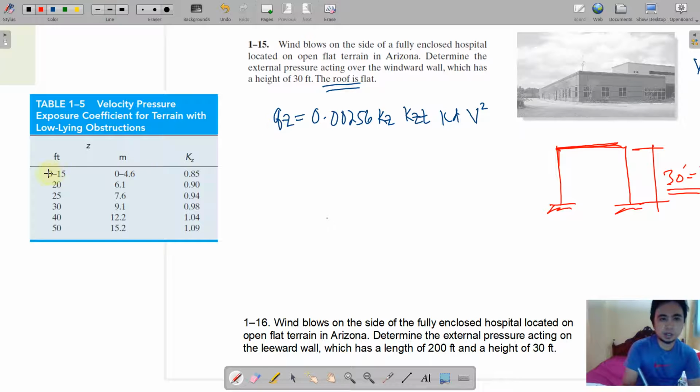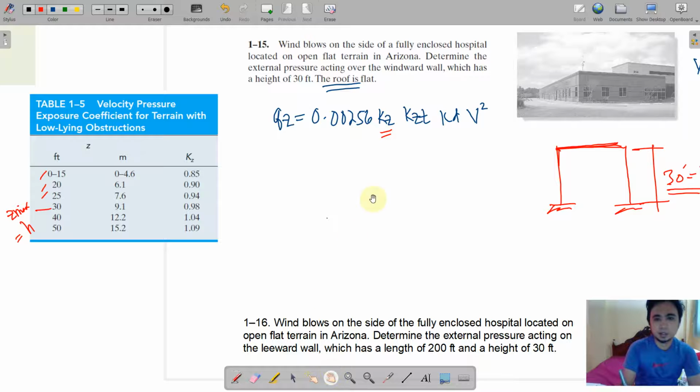We have a changing value for that. Meron tayong first 15 feet, and then 20, 25, until the mean height of h. Okay, so Z max here is actually equal to the mean height h, 30. Okay, so by that, kz here is a changing value.